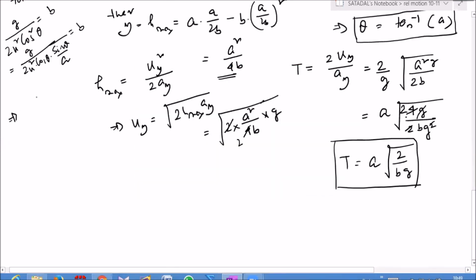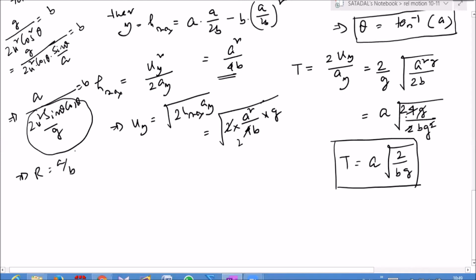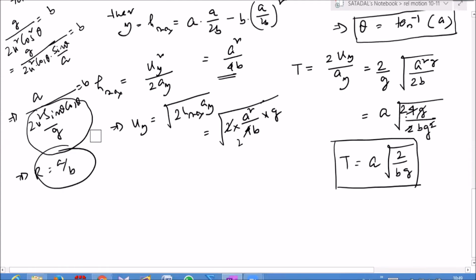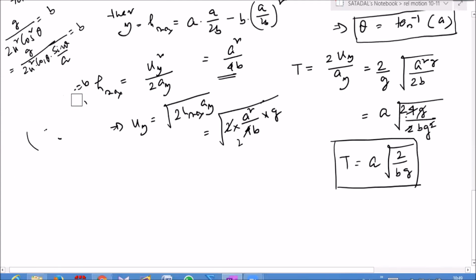So it will become A by 2u square sine theta cos theta by G is equal to B. People say that this is R. So R equal to how much coming, Akash? A by B. Sir, but check your calculation. Check your calculation 10 times. Okay? Yes, sir. Sorry, sir. Okay, no problem. No issue.